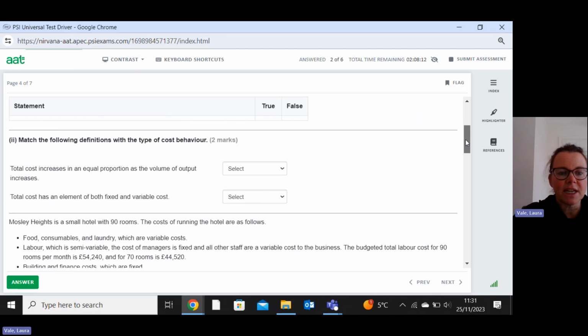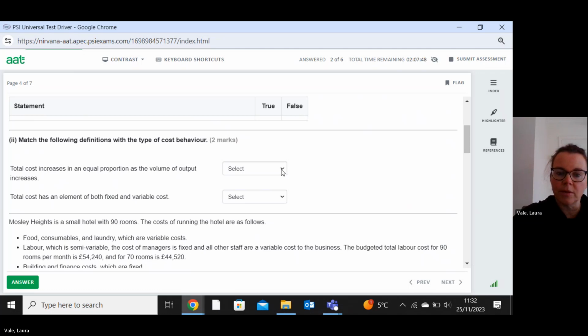Match the following definitions with the type of cost behaviour. Total cost increases in an equal proportion as the volume of output increases. Right, so that's saying as I make more, do my costs keep going up by the same amount?